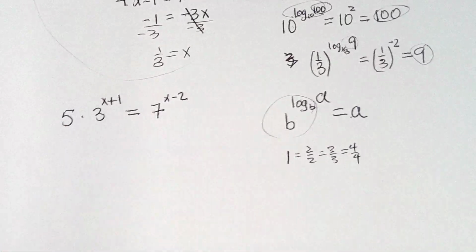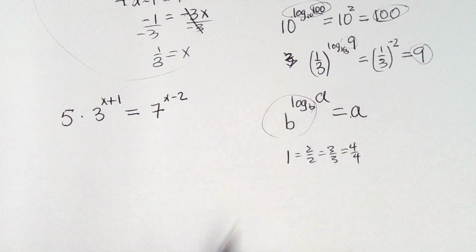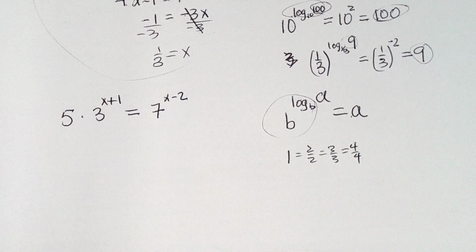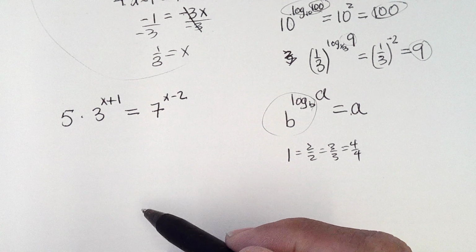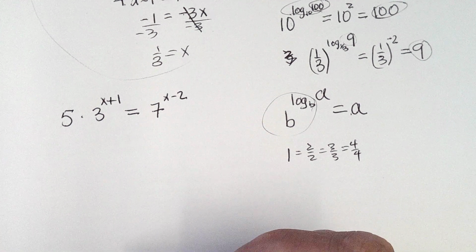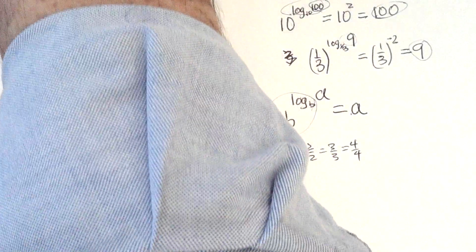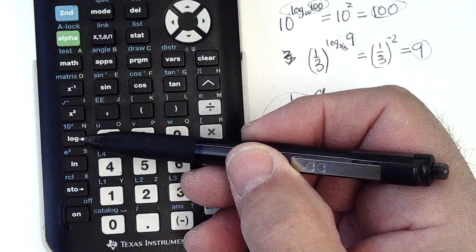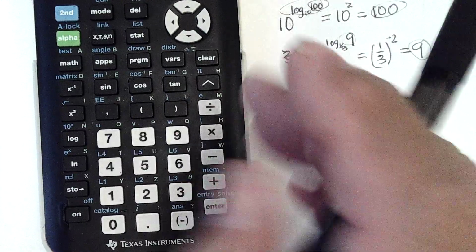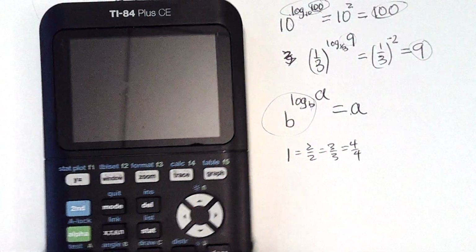There's no common base. But we can use what we know about logs to write this as a common base. And I can choose any base I want. Now, the calculator happens to have log base 10 on it. Let me show you what I mean.